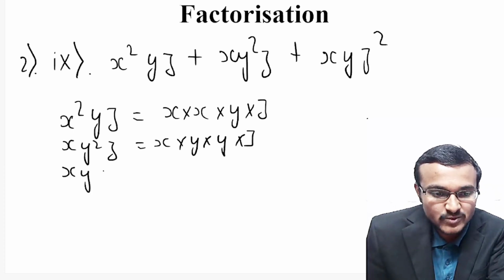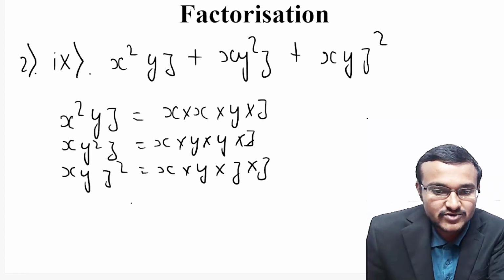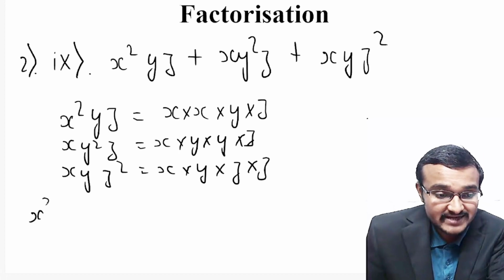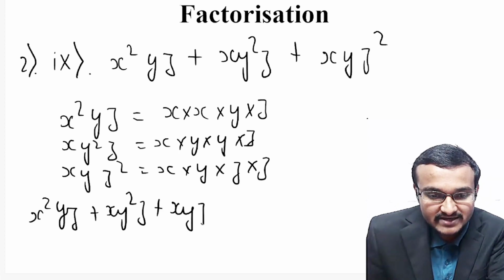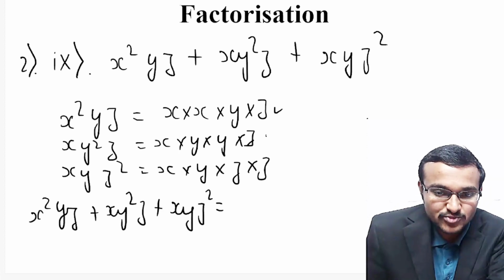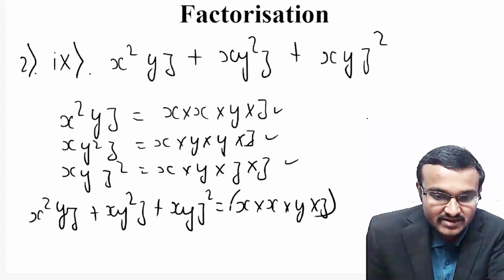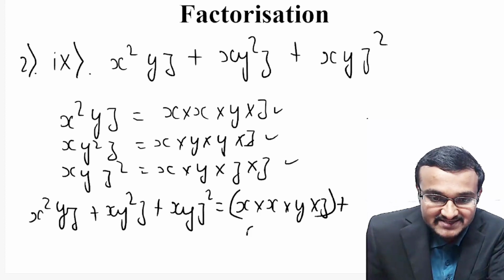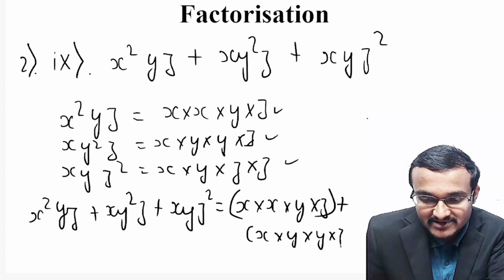Similarly, xyz square can be written as x into y into z into z. So here you can substitute these values. So x square yz plus xy square z plus xyz square will be equal to, you can go on putting these terms. So x into x into y into z is one term, plus x into y into y into z will be another term.